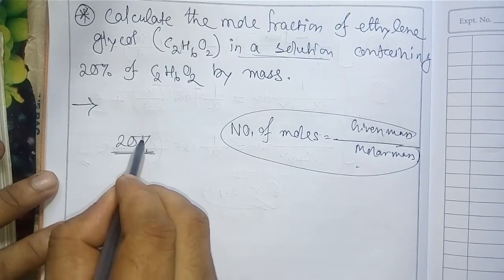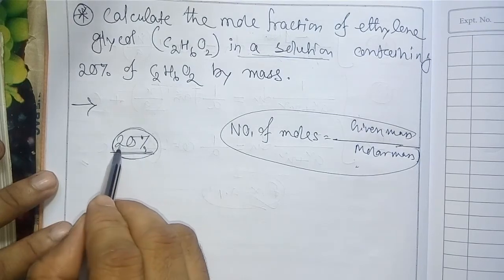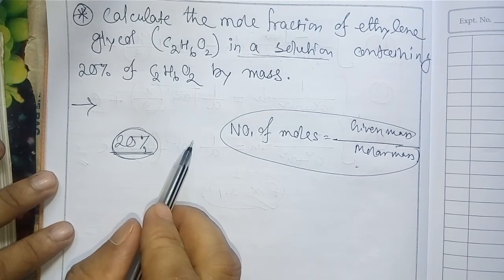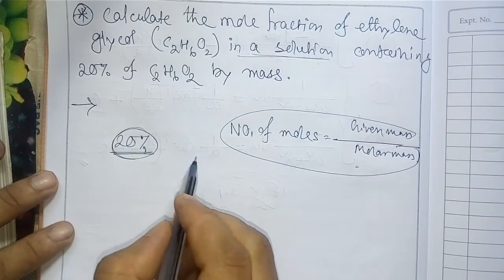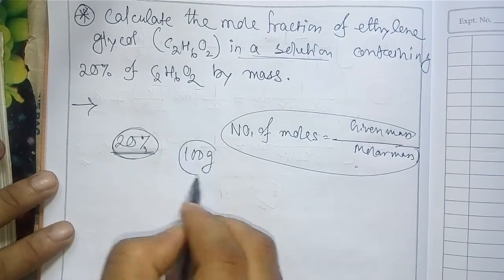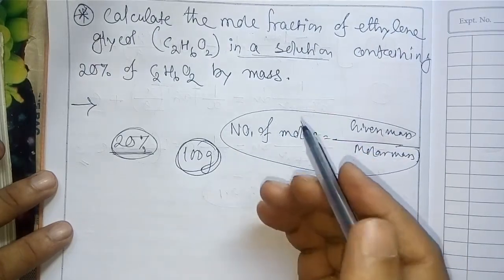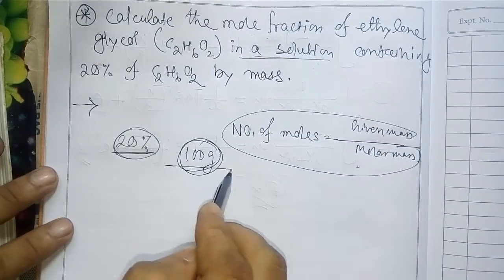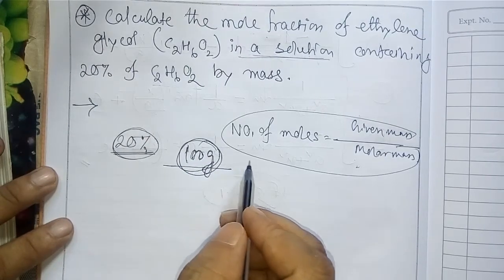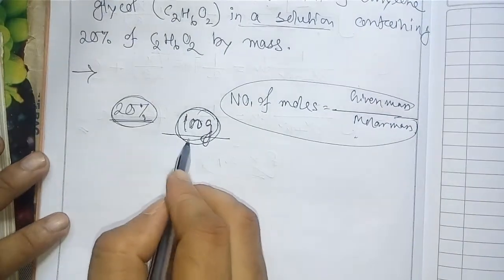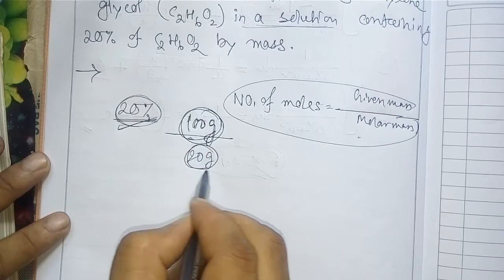Let me assume that we have 100 gram of solution. Ethylene glycol is 20 gram.